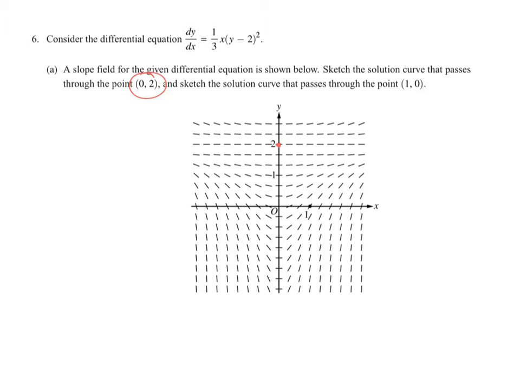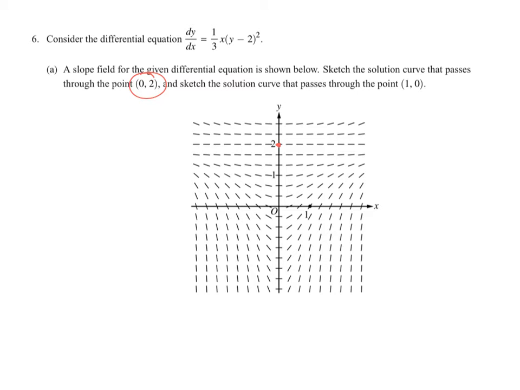So around this point, all of the tangent lines are horizontal because anytime that y is 2, our derivative, dy/dx, is just equal to 0. So there's nothing to make our drawing curve up or down. So we're just going to draw a horizontal line here.